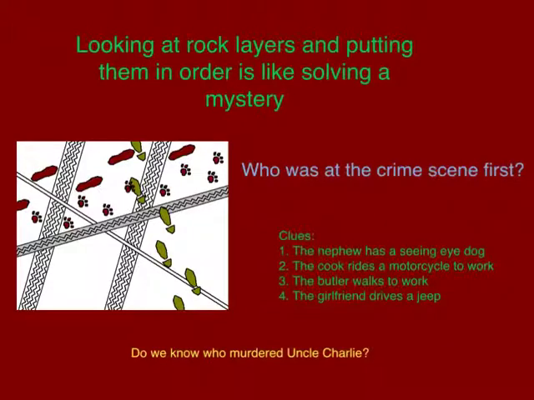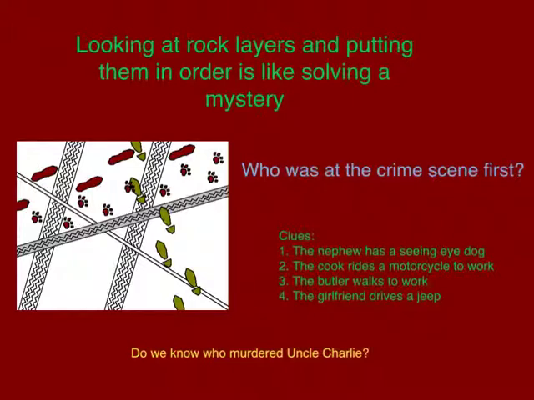Looking at the rock layers and putting them in order is kind of like solving a mystery. For instance, if we looked at this pattern of tracks and footprints, we could figure out who was at the crime scene first. There are some important clues here. First of all, the nephew in this crime scene has a seeing eye dog.